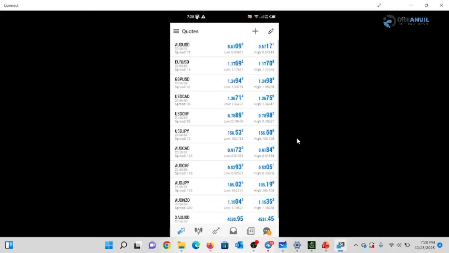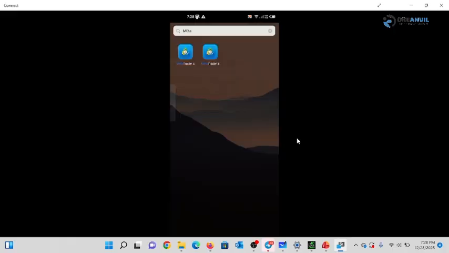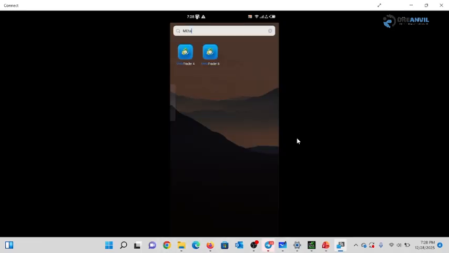So this is my MetaTrader 4. This is how the app looks. The first thing I see is my currency quotes. As we mentioned yesterday, among many things, the market trades in pairs.